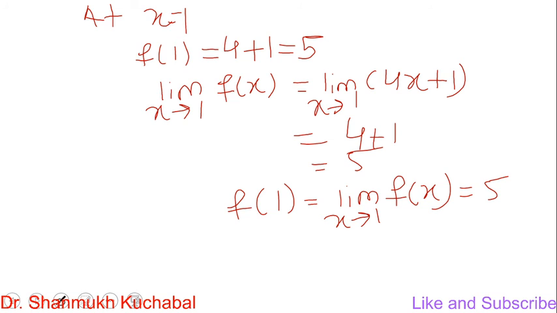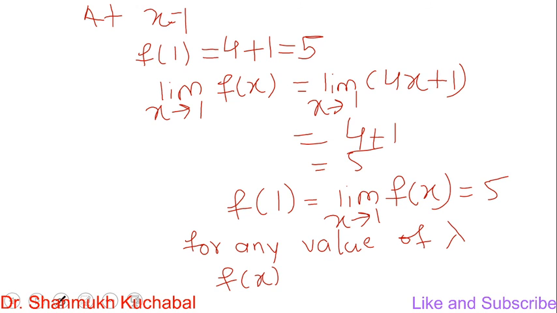Therefore we can clearly write this as f of x is continuous at x equal to 1, for any value of lambda, f of x is continuous. So dear students, we observe that at x equal to 0 limit does not exist, whereas at x equal to 1 the limit exists.